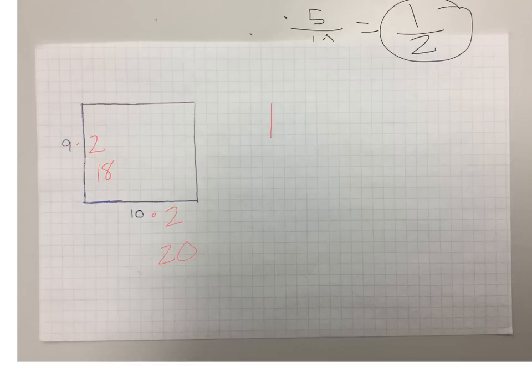There we go. This is an enlargement of my original. Kind of cut it off a little bit there. So this is 18 by 20. It's enlarged by a scale factor of 2.